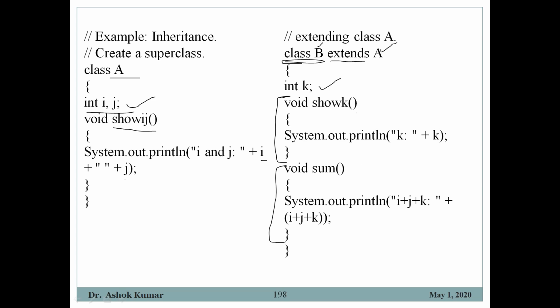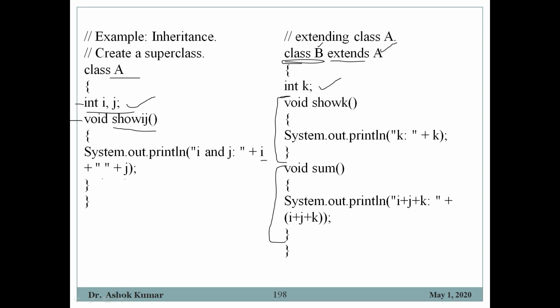So if you perform inheritance, all the public members or all the default members, because here we haven't mentioned the access specifier for i and j, and also not for the show ij method. So these members have default access.